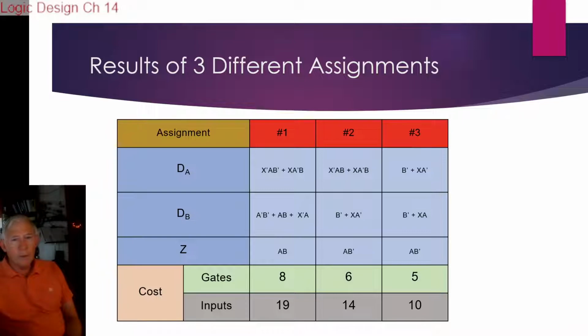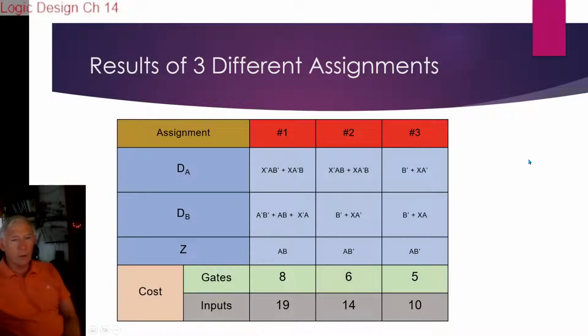Okay, so now I want to transition and talk a little bit about why, once we get past 3 states or 4 states, we cannot use this brute force method of looking at 3 possible state assignments to see which would be best. And that brings us to the next chart.